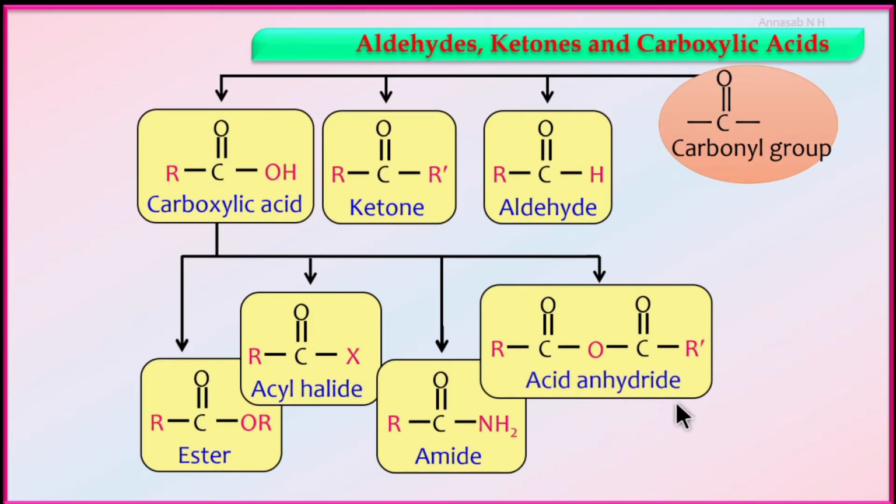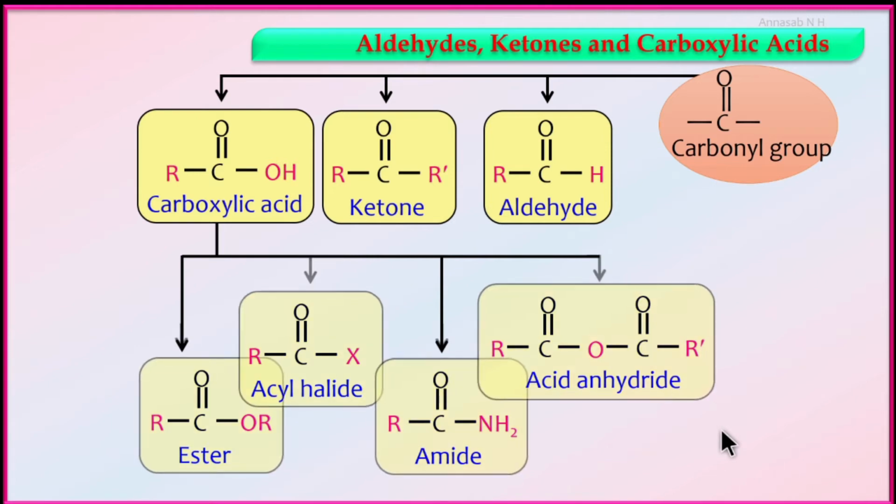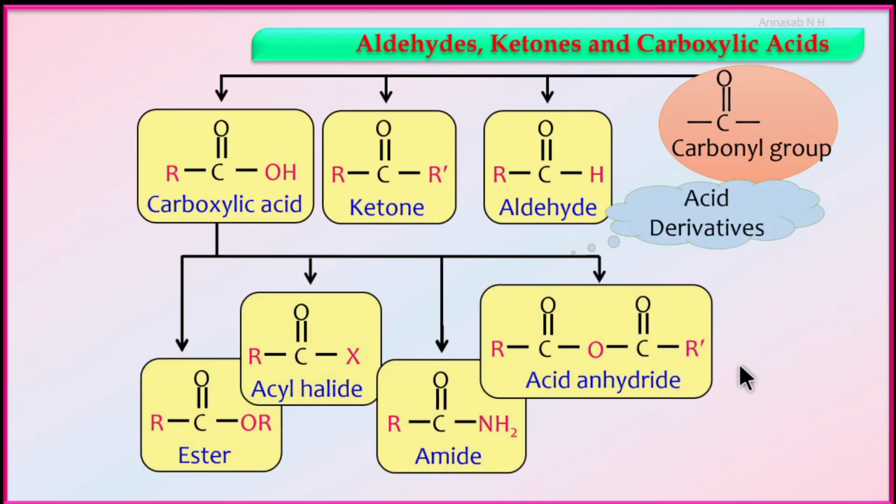Anhydride means a compound without water. If you take 2 moles of RCOOH, you have 2 OH groups now. Retain 1 oxygen as it is, remove 1 oxygen and 2 hydrogen atoms and you get acid anhydrides. These 4 types of compounds which are derived from the acid are known as acid derivatives.